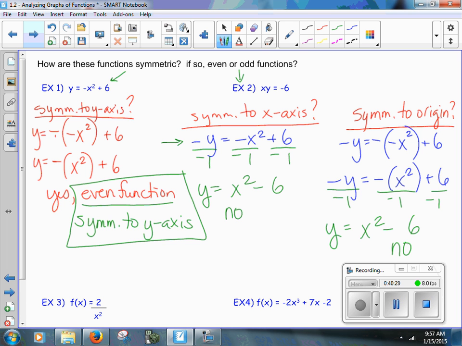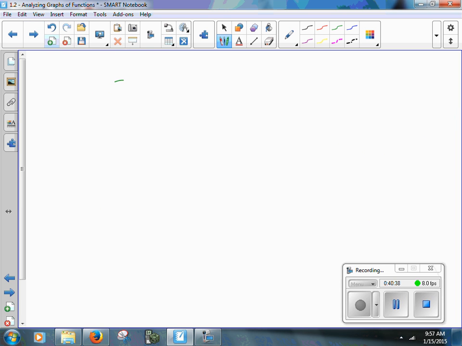So I want you to try that symmetry on example 2. I also want you to do this for me. So example 2, what was it? XY equals -6. Symmetric to what? You got to prove it.